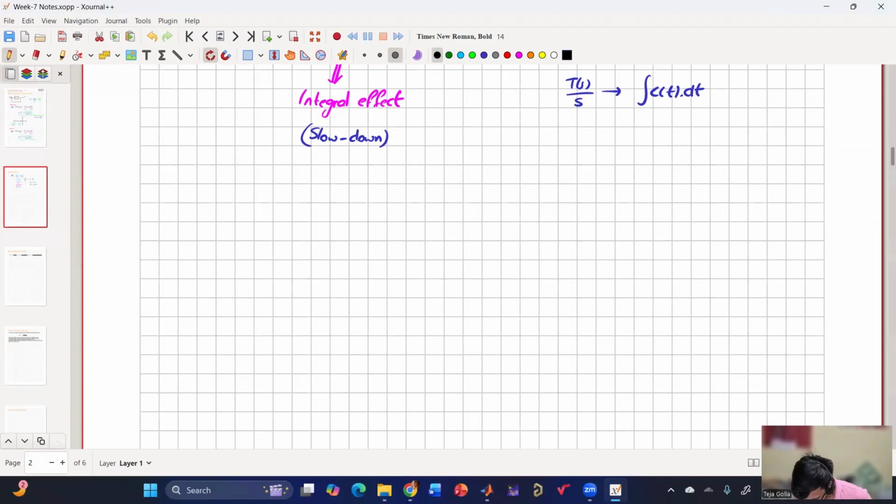So the poles that are closer to the imaginary axis are called dominant poles because they have an effect on the step response, whereas the ones which are far away are called non-dominant because they are not having any impact on the step response.